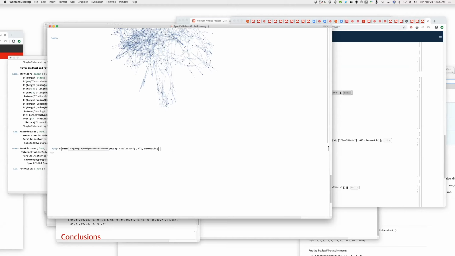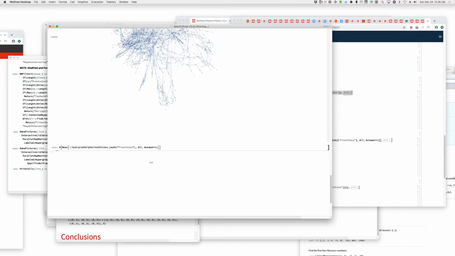Also should probably look at the causal graph.